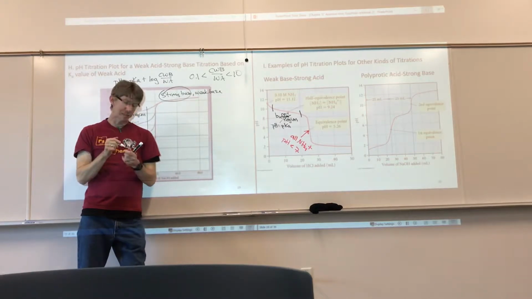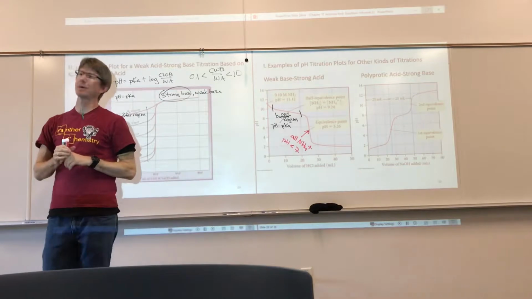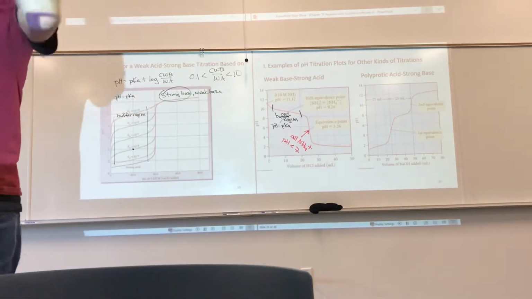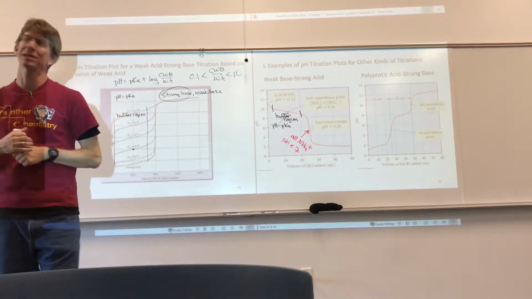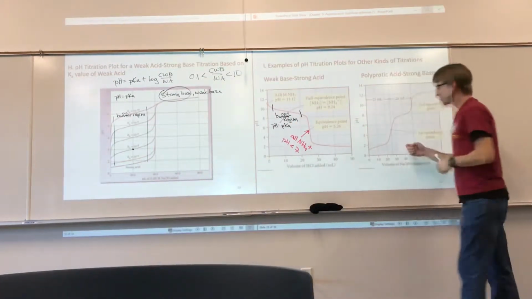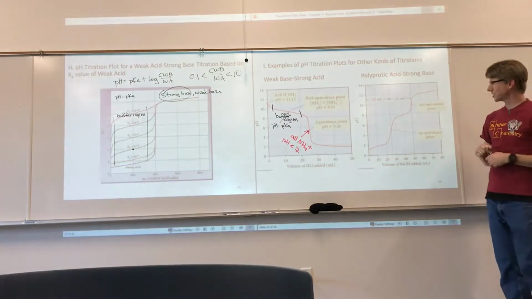And so you're constantly evaluating, when you do homework 4 and when you do chapter 17 stuff, what kind of acids do you have? Do you have a weak acid? Do you also have a strong acid? And using them to figure out how to get to pH. Polyprotic, and we'll do a polyprotic titration in the acid titration lab.